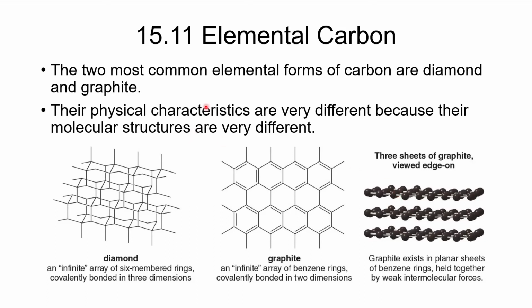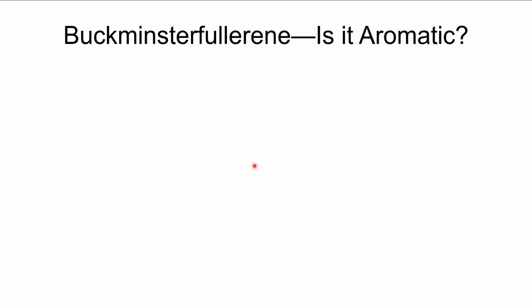Are there other forms of carbon? And the answer is yes, there are other forms of carbon. And those other forms of carbon, the most important one is called fullerenes. And so we're going to look at something that's called Buckminsterfullerene. Now, Buckminsterfullerene, the question is, is it aromatic?